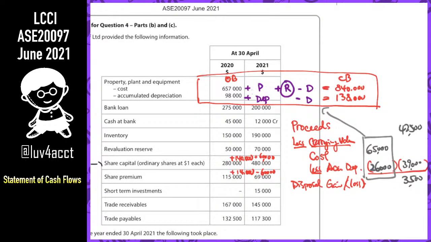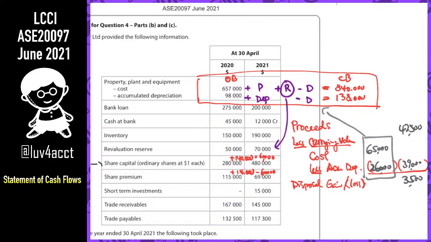Revaluation is not always there, but it is there here because you know the revaluation reserve went up. Why do you have an increased revaluation reserve? Because during the year you have revalued your asset upwards. That's why you have an increase in the amount of revaluation reserve, and for this increase in the value of the asset, there is no cash effect.